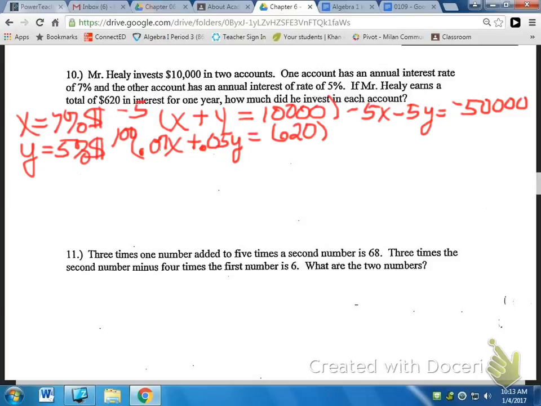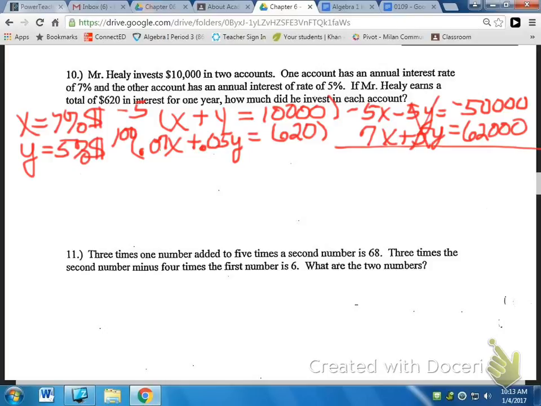You good with that? The bottom equation is going to be 7x plus 5y, and how much is that going to equal? 62,000. Now it looks pretty good, doesn't it? My y's are going to fall out.